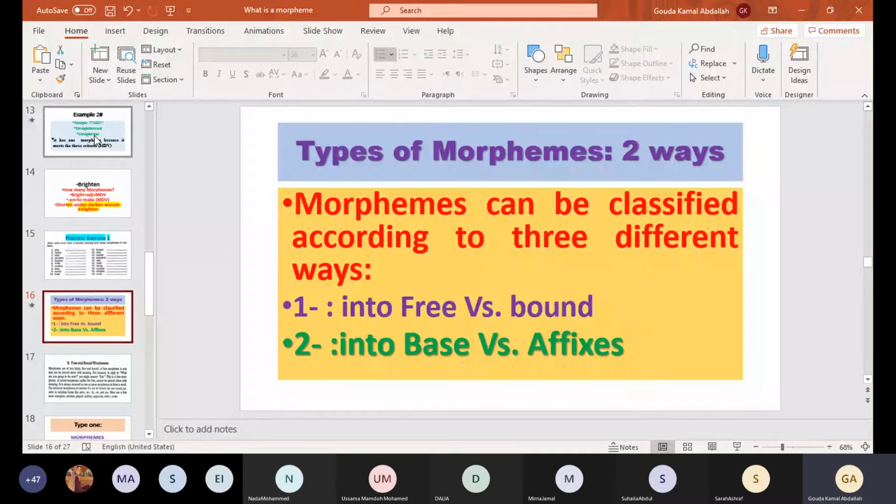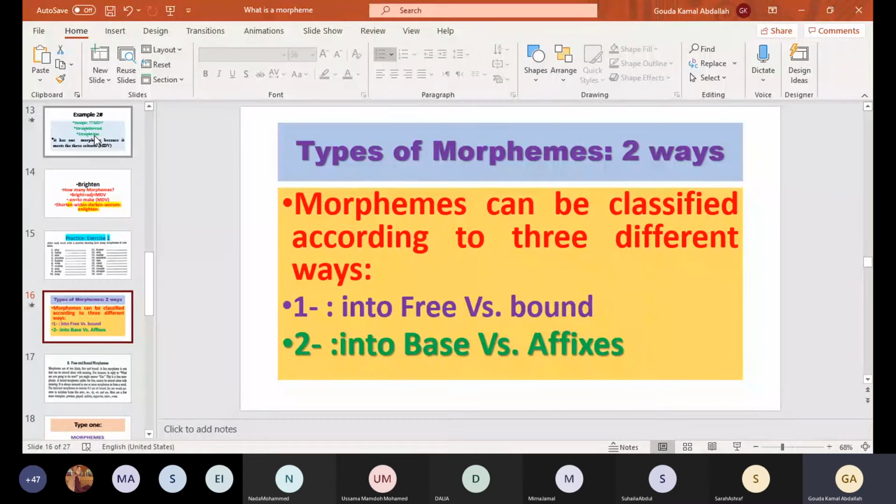So we have two different ways to divide morphemes. Number one, a group of linguists say that we have free versus bound morphemes. So one way to divide morphemes is into free and bound.